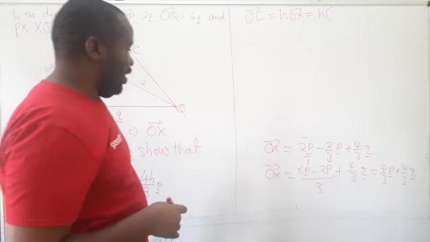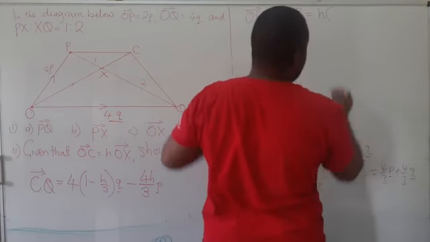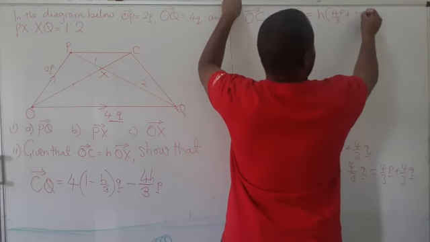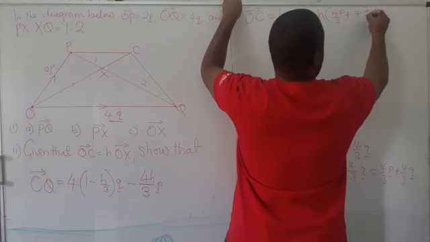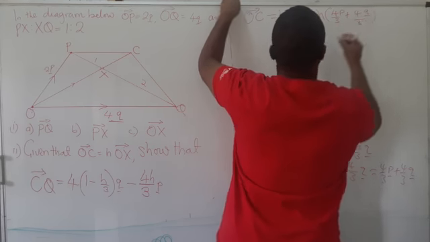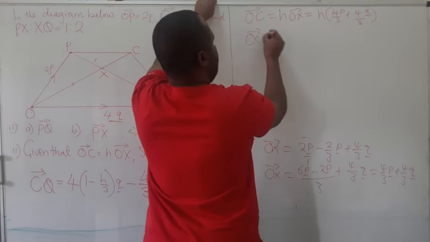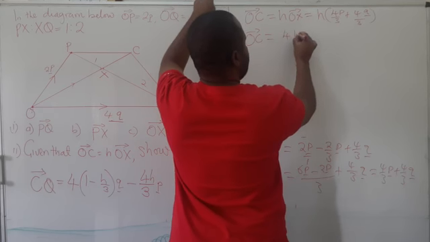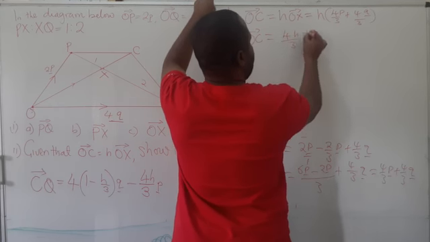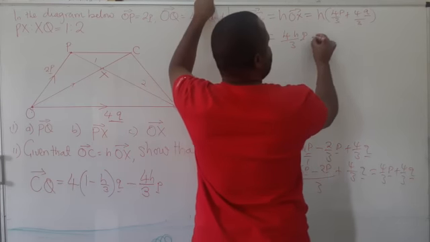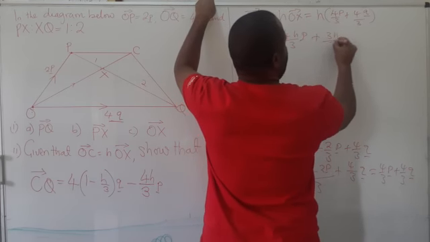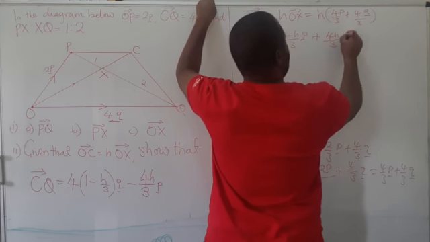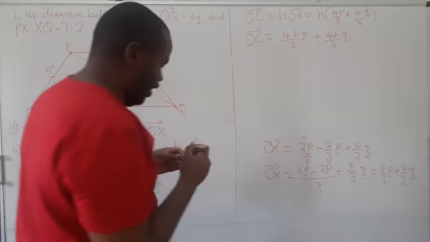So, H open bracket, what is our OX, this one? 4P over 3 plus 4Q over 3, okay? Then you can distribute. You can say this is 4H over 3, you can put your vector here, there's no problem, plus 4H over 3, then we have got Q. That is what we have, okay?